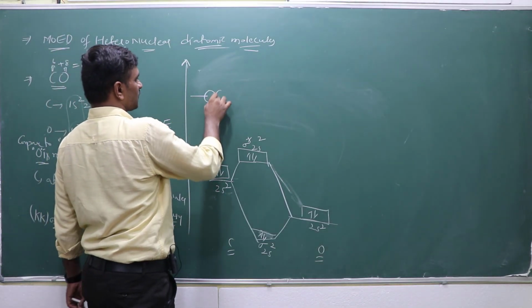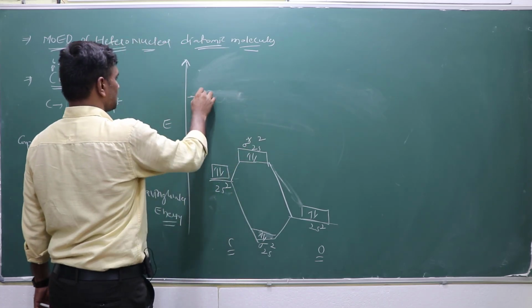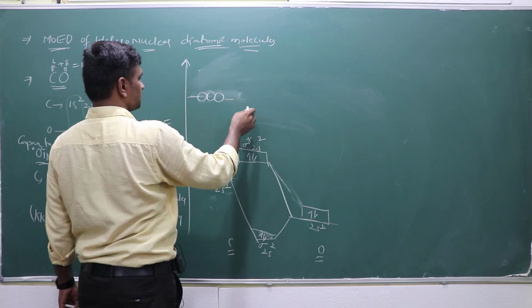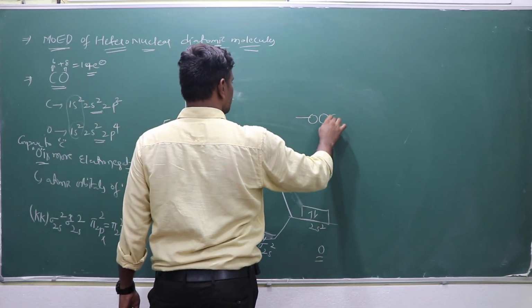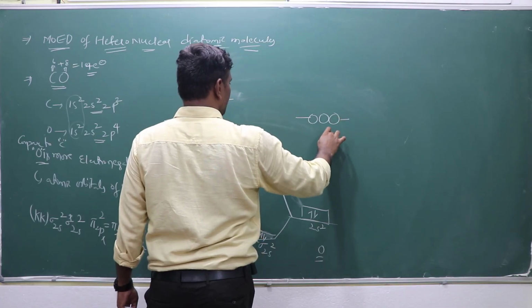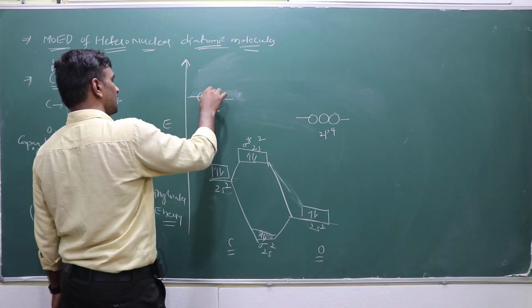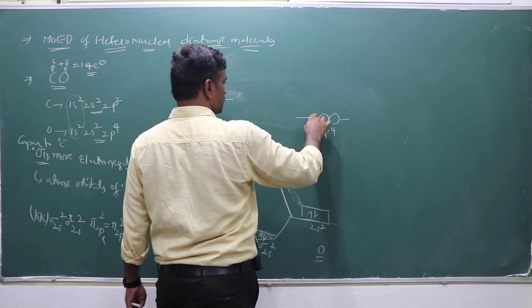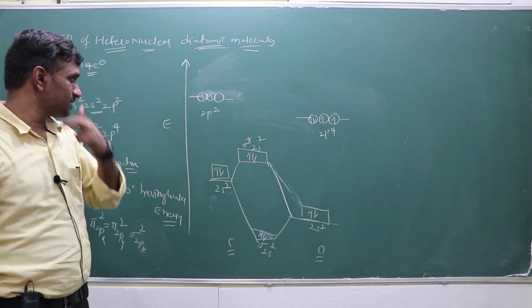Suppose P4, 2p2, this is 2 electrons, this is 2 electrons, Px, Py, Pz.